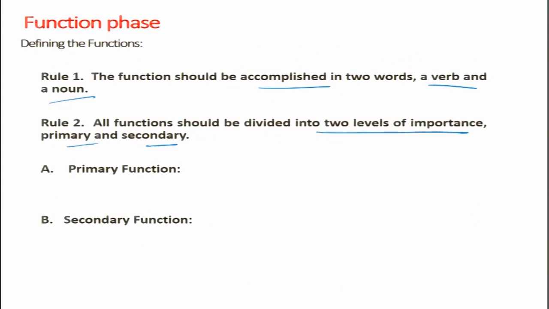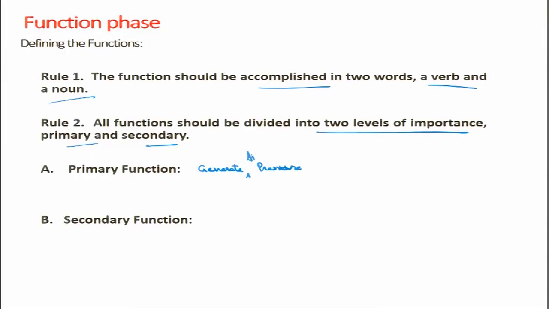So, the primary function for the foot operated air pump was identified as generate pressure. We are trying to inflate the objects. How do we inflate? We are generating pressure. When we press the lever, it has to generate air pressure. It is actually generate air pressure, but because 2 words are to be there, we picked generate pressure.